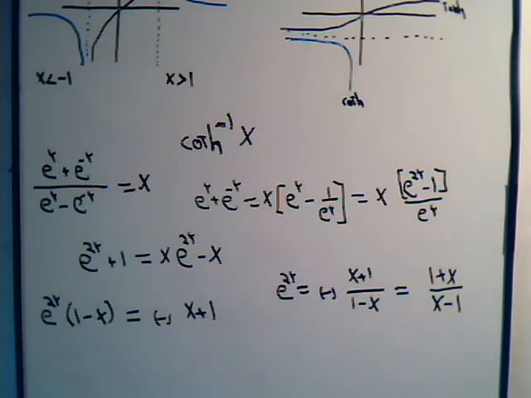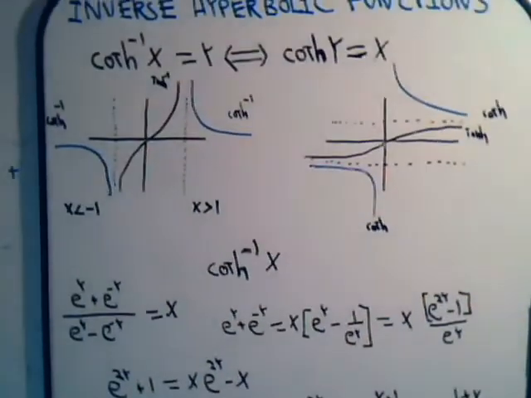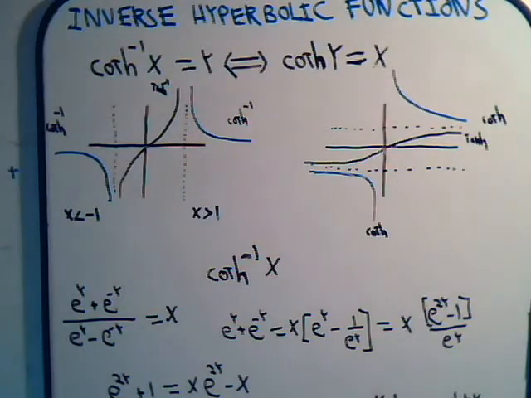And remember also now, for the inverse hyperbolic cotangent of x, x is always greater than 1, and it's always less than negative 1. So let's check this out first. We had these from the curve up there, here and here.